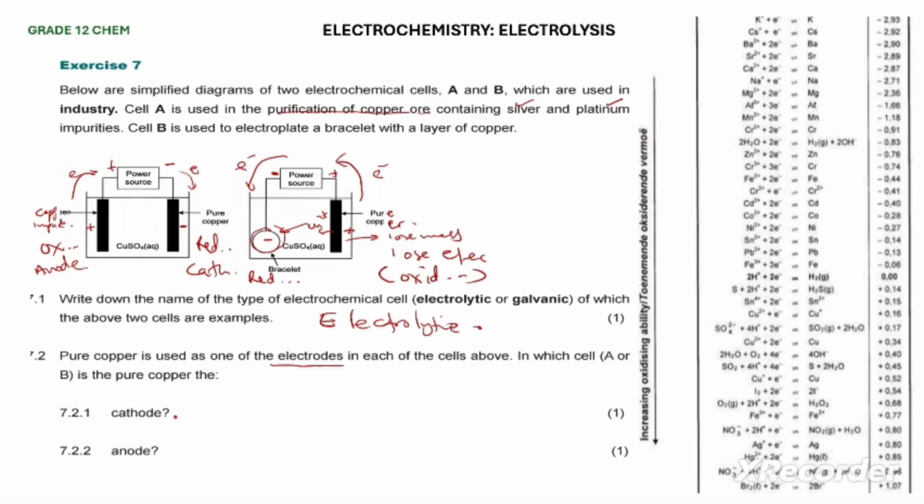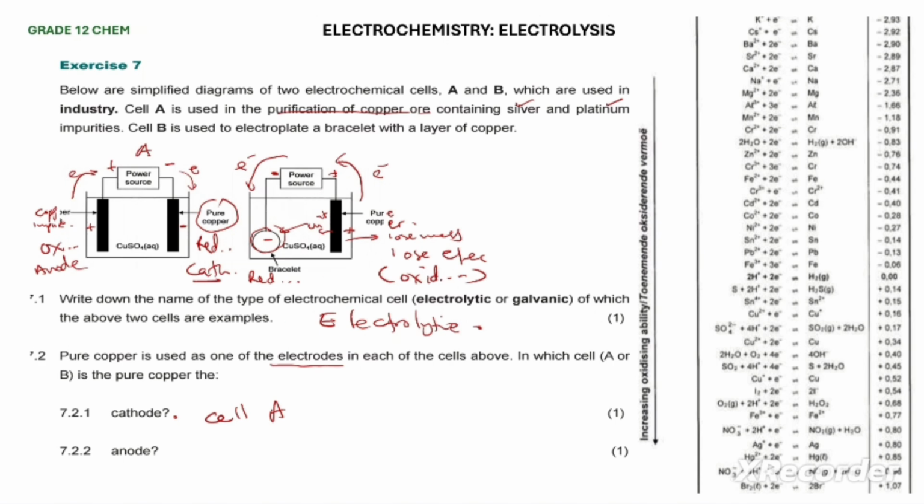All right, fine. Let's check the pure copper. Already we've broken this down, and we said pure copper there is the cathode in cell A. So our answer there is cell A. And then where is it the anode? Let's try to understand what's happening here.